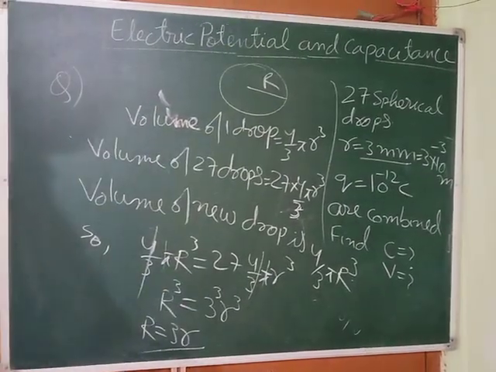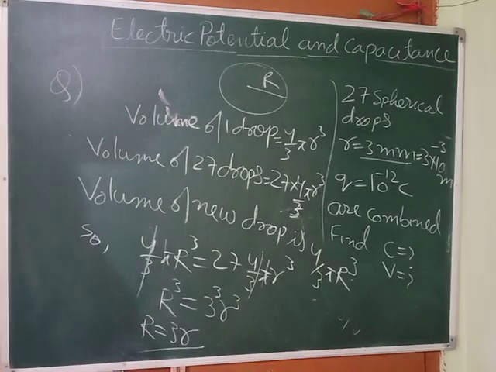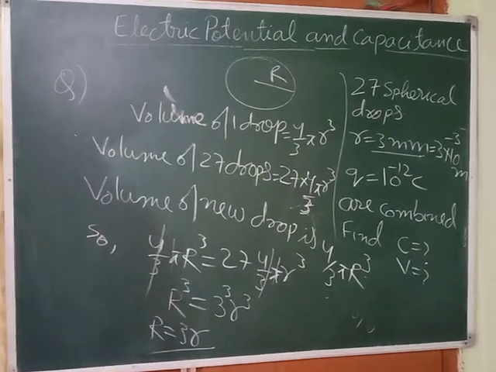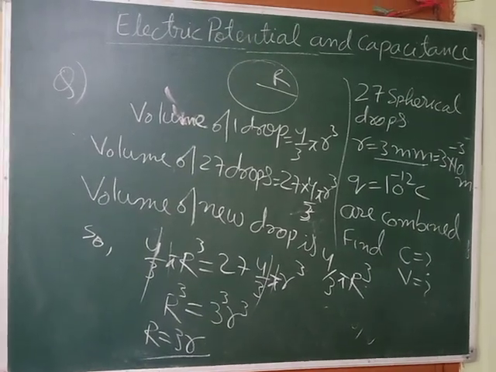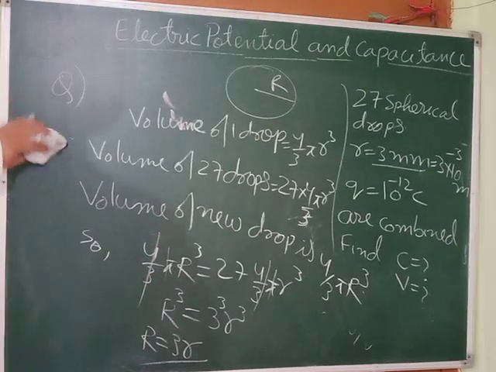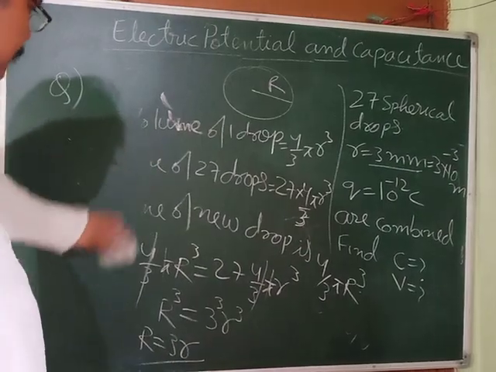Now, what is the total charge on this bigger drop or combination drop? Should I rub this now? Have you noted? Just note down. Okay. Now, what is the total charge?